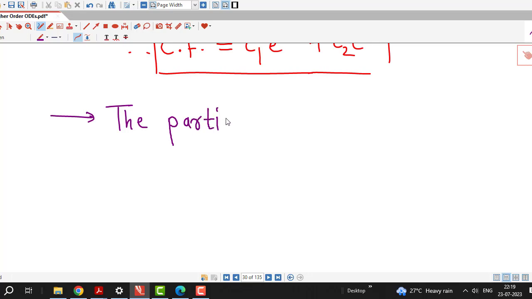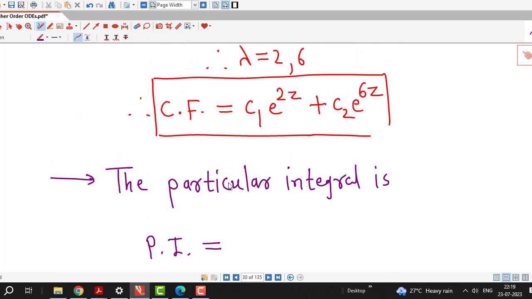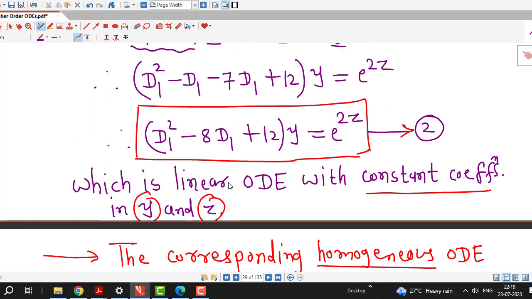exponential function. Therefore, we can find out the particular solution or particular integral using shortcut method. The particular integral is PI equal to, apply shortcut methods. We can see here from this equation we can write y equal to 1 over D1 square minus 8 D1 plus 12 applied to e raised to 2z.